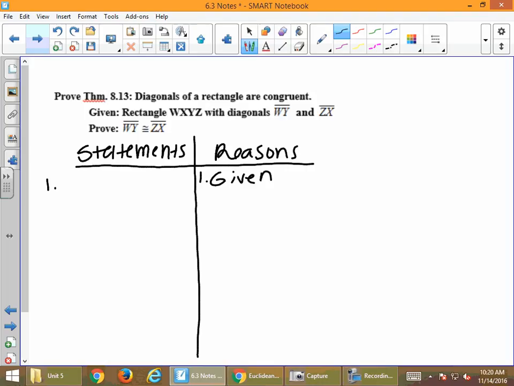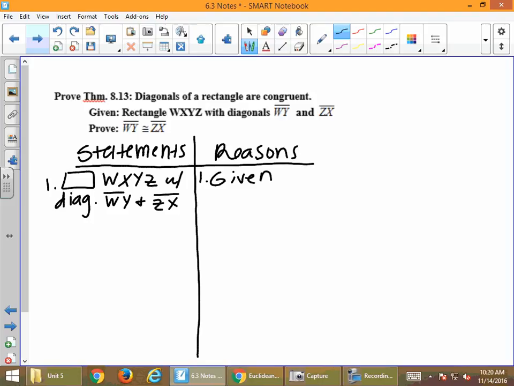And what is our first statement? Yeah, that's information given to us. I'm going to abbreviate rectangle by just drawing one. W, X, Y, Z with diagonals WY and ZX.